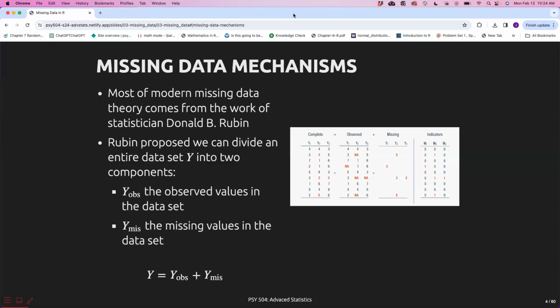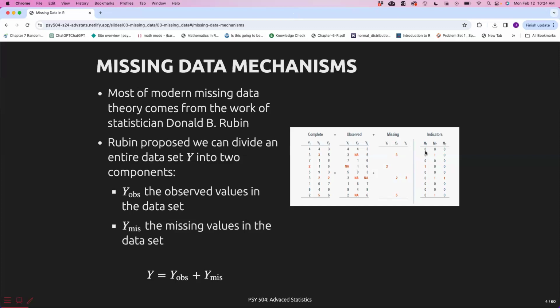And Donald Rubin suggests that a data set can be partitioned into 2 components or 2 pieces. We have the observed part of the model here, so our observed values. There's also a missing part of the model as well. What we can do is combine these 2 things and create what are called missing indicators on each of our variables. So this is what M1, M2, and M3 are.